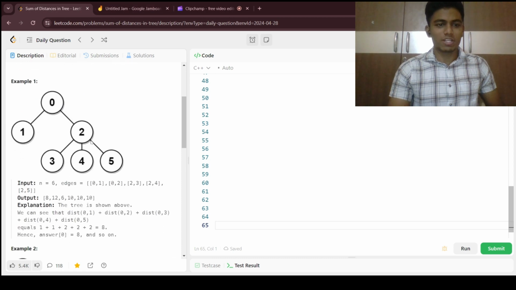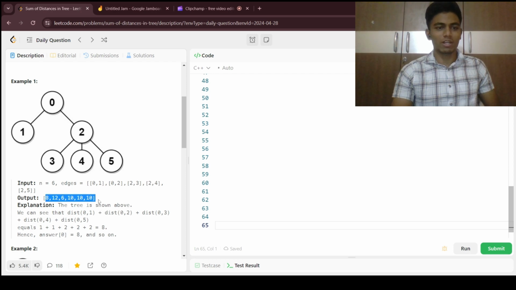Suppose let us take this particular example. Now we need to calculate the answer, which will be an array of size n, where answer[i] gives us the sum of distances between this node and all other nodes.